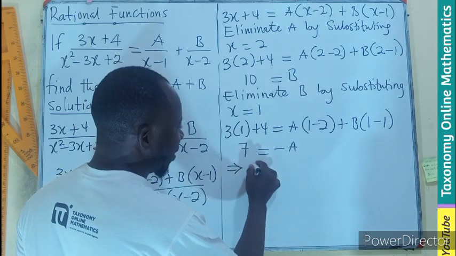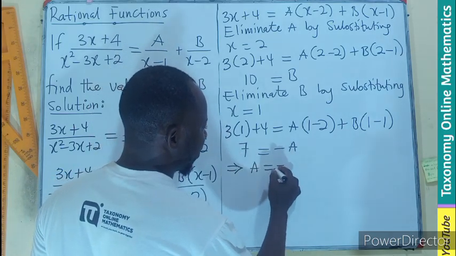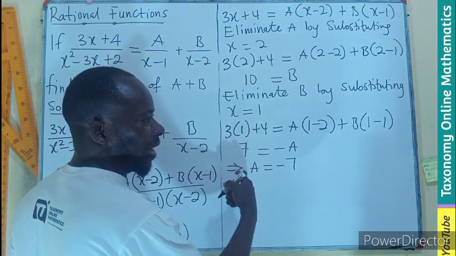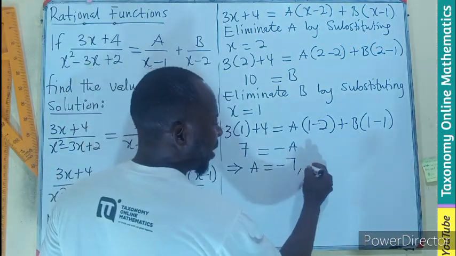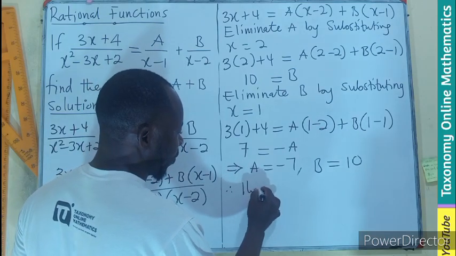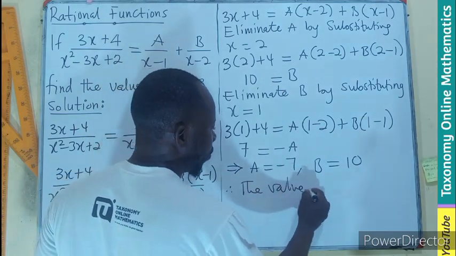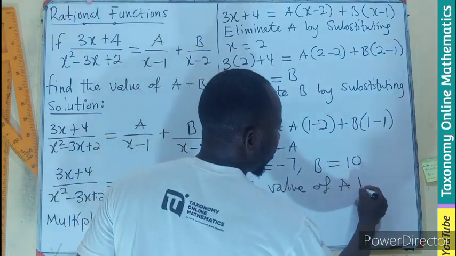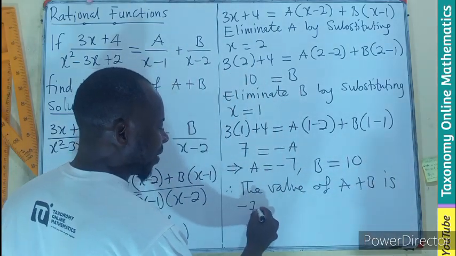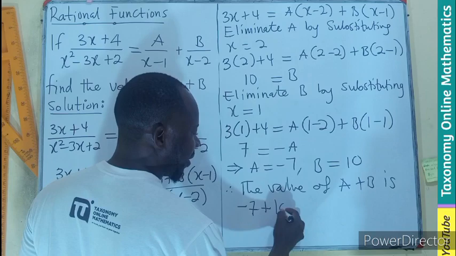This implies that a equals minus 7 from here. If I multiply both sides by the negative, that will give me that. Then b also equals 10.